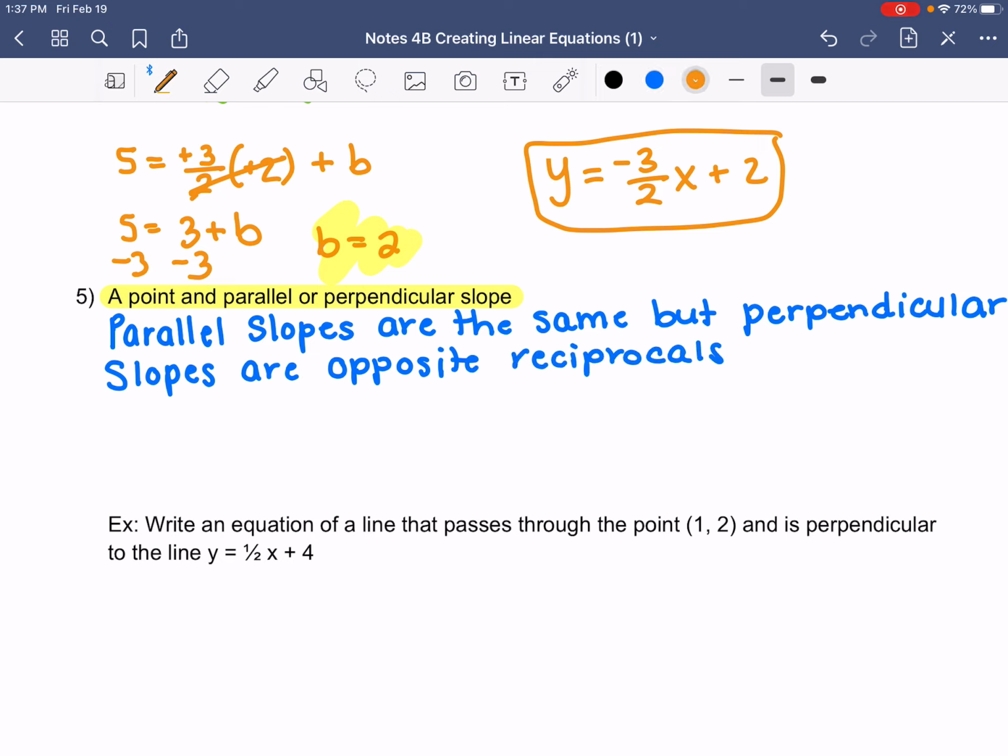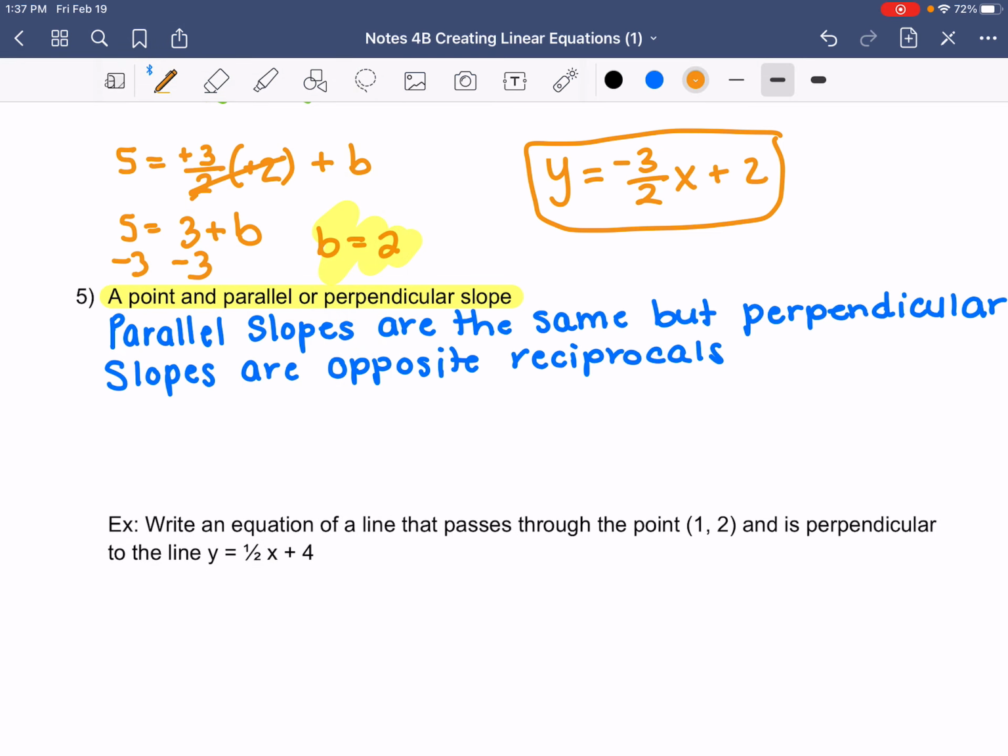I have to write this down, but opposite means one's plus and one's minus, and reciprocal means that you flip it. So one's going to be positive, one's going to be negative, and if you flip one, then you should get the other. Okay, so that's opposite reciprocals. That's what that means.